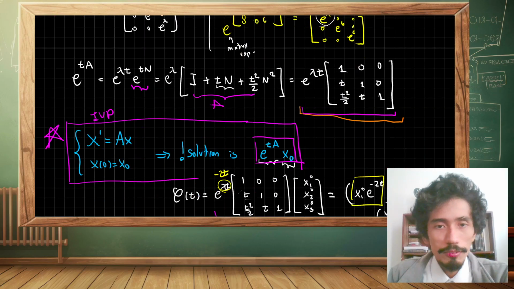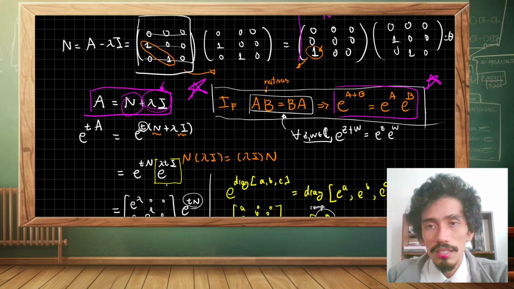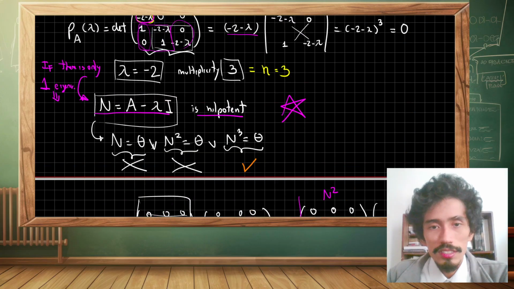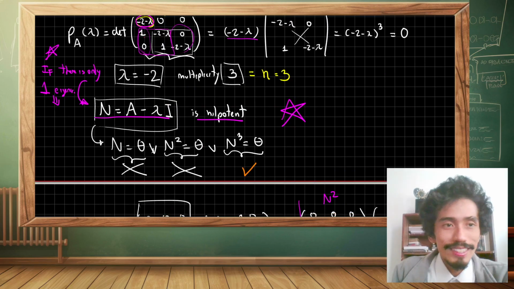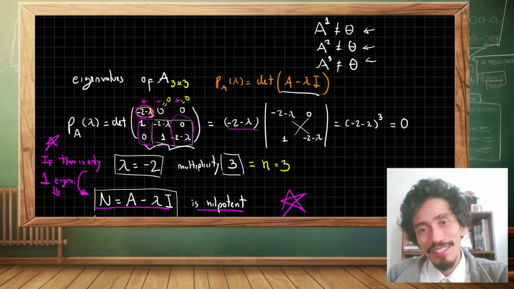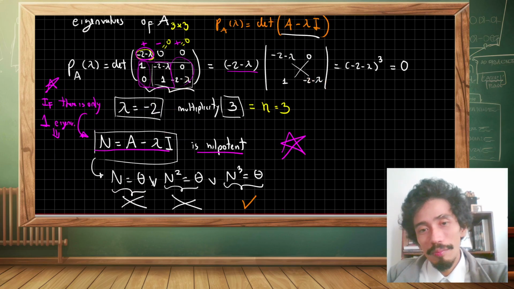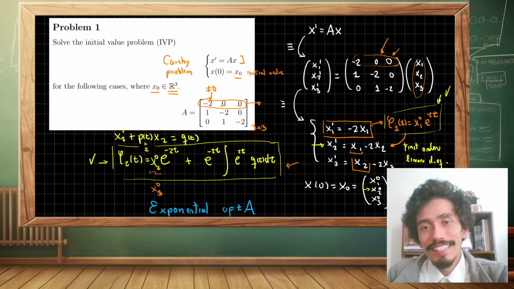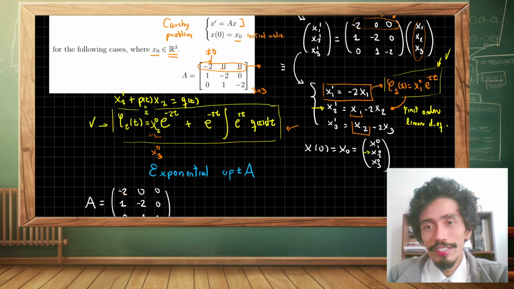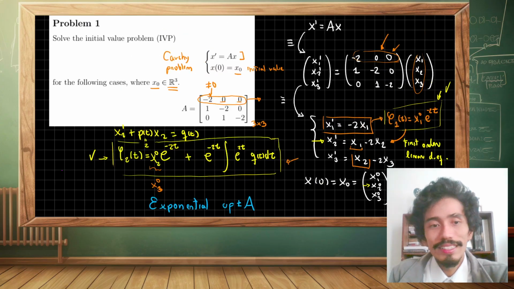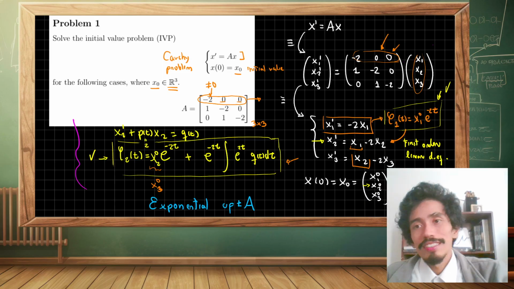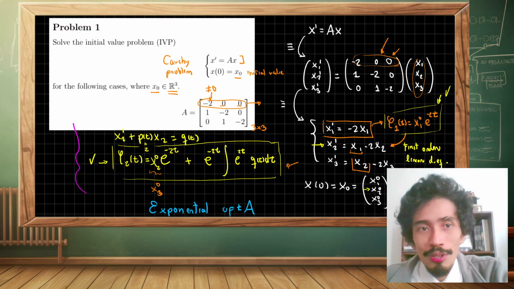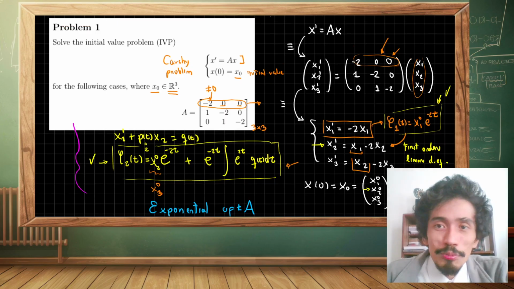Perhaps this is not a property, 4 properties. 5 properties, 7 properties. So it's a lot of theory perhaps, but it really pays off when you can solve this by this basic method. So that's why we have to study the exponential of matrices.